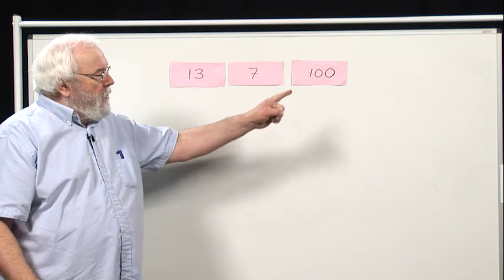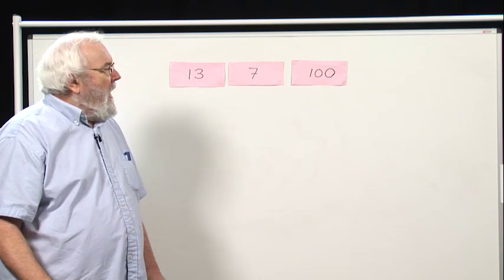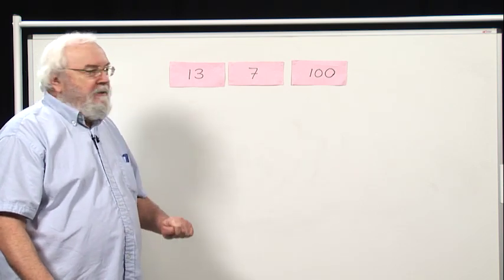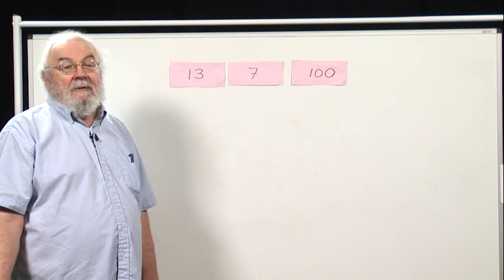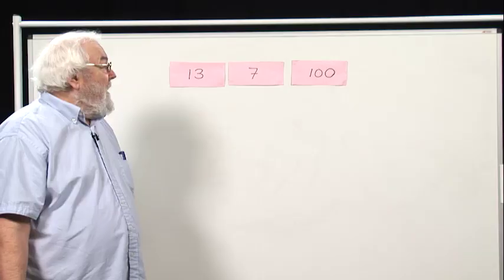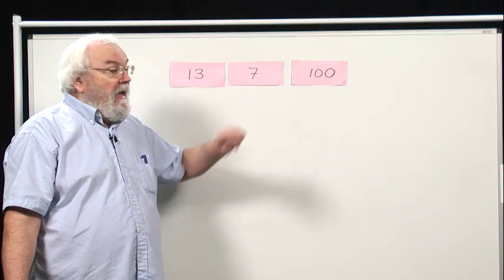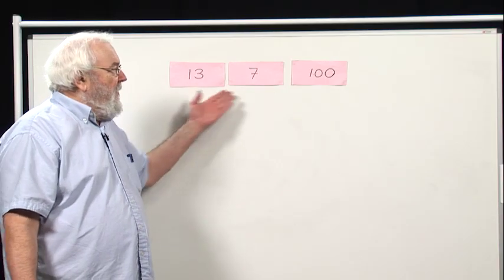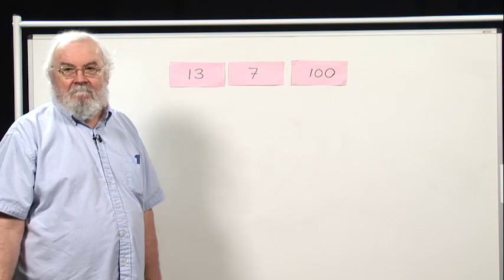Now I've got to put down a new card, and when I put down the new card, the sum of the 4 numbers has to be a multiple of 4, so that the average will be an integer. Now, these 3 numbers add up to 120, which is already a multiple of 4. If you like, it's 4 times an integer plus 0. The remainder, when this is divided by 4, is 0.